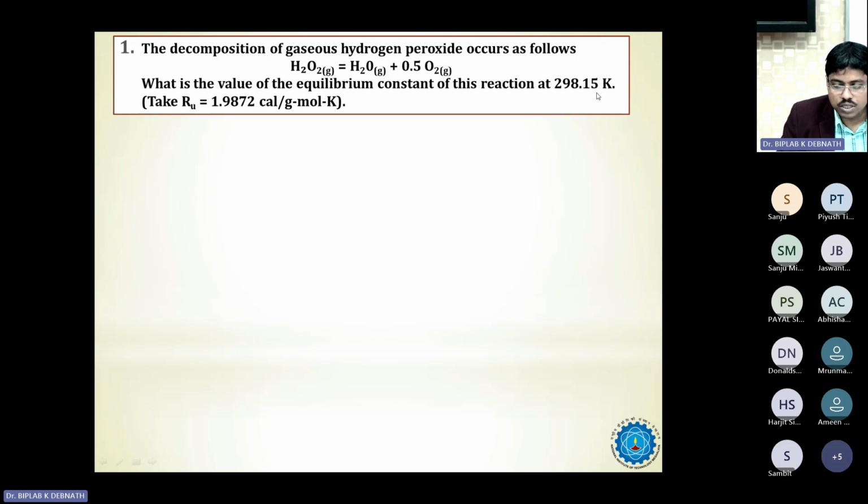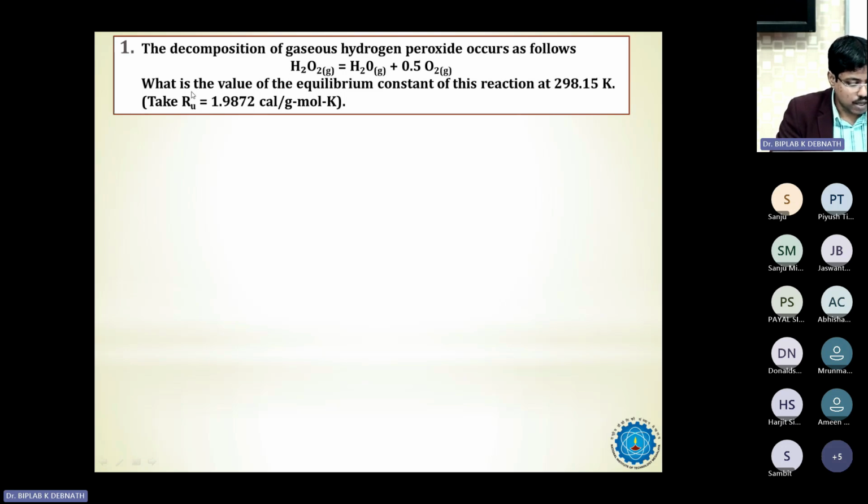So you see the temperature is fixed. Here Ru, the universal gas constant, is equal to 1.9872 calorie per gram mole Kelvin. So we have to use the calorie value, not the joule.